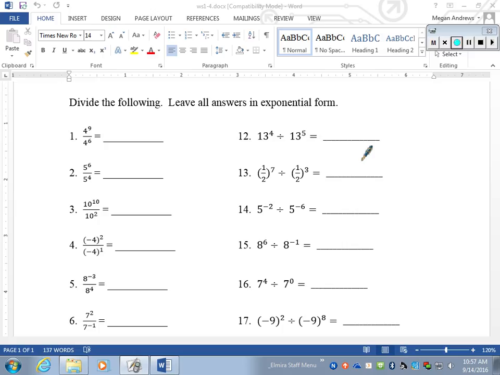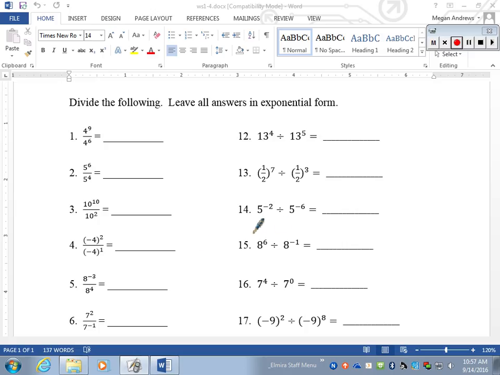And lastly, let's look at number 14 because it has some negative integers in it. We got to be careful. Okay, so we got 5 as my base. And I recommend anytime you're really not sure, it doesn't hurt underneath the problem to write down the subtraction that you're trying to do in your head. -2, -6, and I am subtracting them.